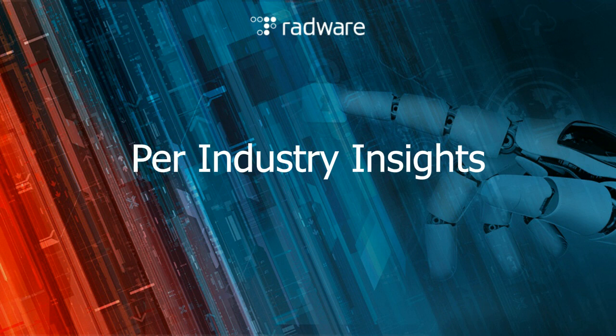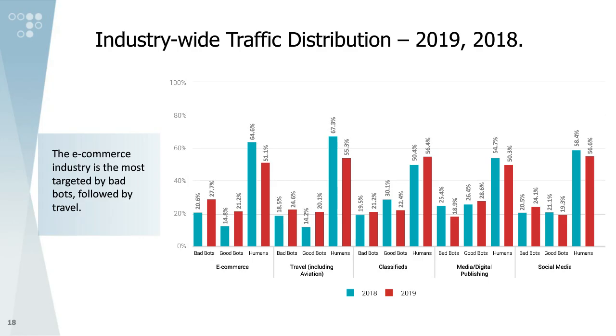Let's look at a couple of industries. So for a bird's eye view, bad bots are present across nearly all verticals. Some industries collect data that is more compelling to cyber criminals and naturally attract more bad bots than others.